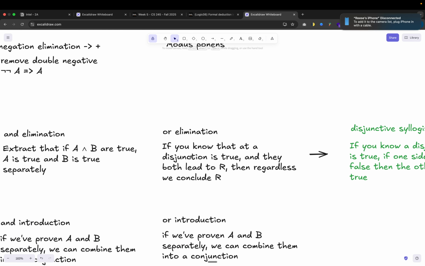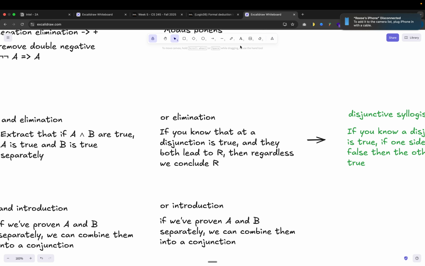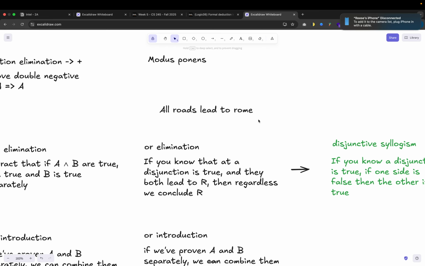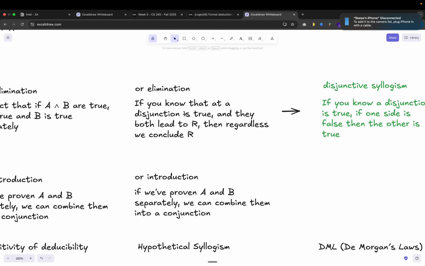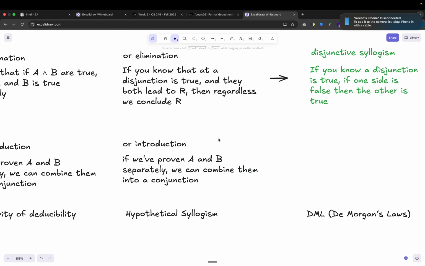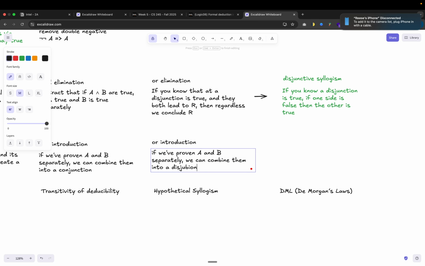Or elimination is if we know that B implies C and not B implies C, then both roads lead to C. What I said to my friend the other day is that if all roads lead to Rome, then we can prove Rome, like we're going to Rome. This is or elimination. Now, or introduction is if we prove A and B separately, we can form them into a disjunction.